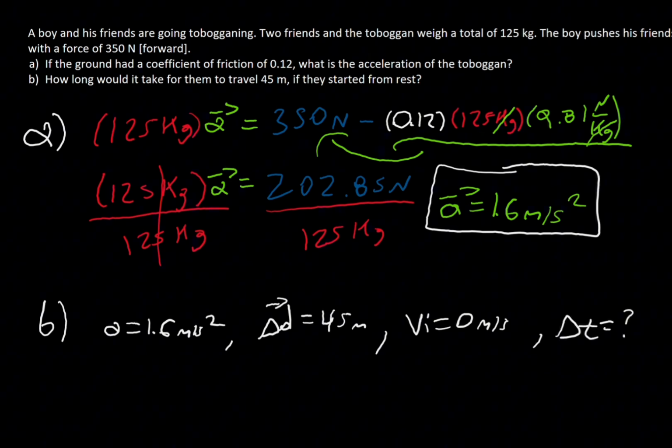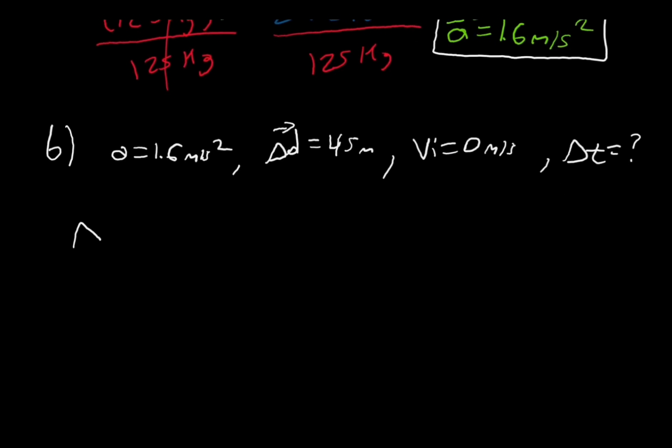The kinematics formula that can help us find time with these variables is displacement equals initial velocity times time plus 1/2 of acceleration times time squared.